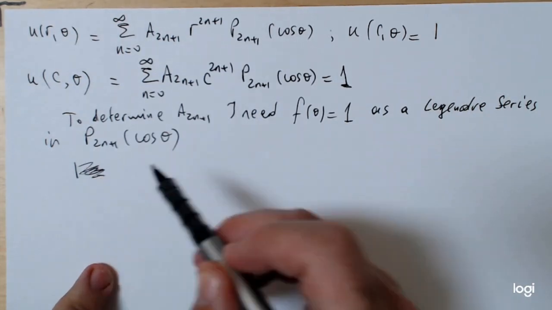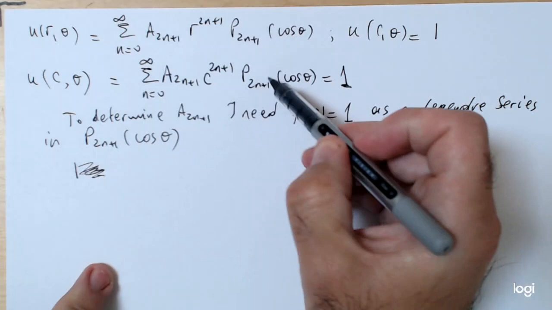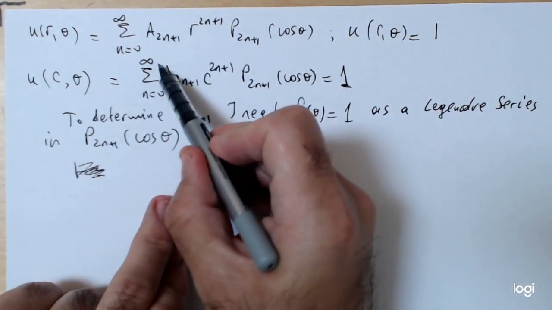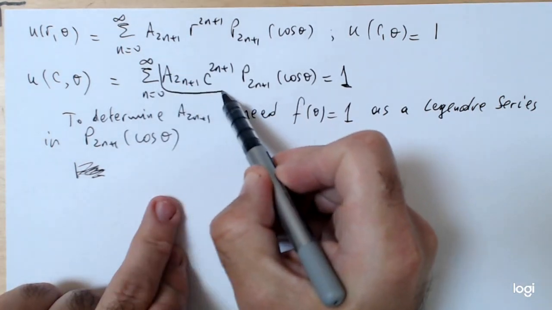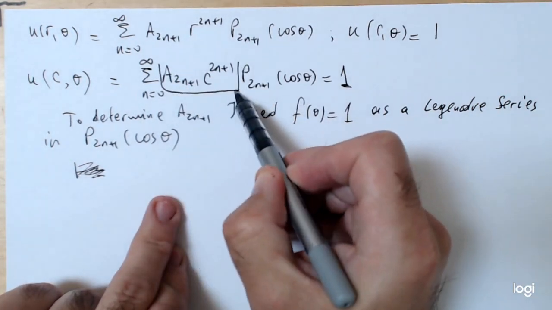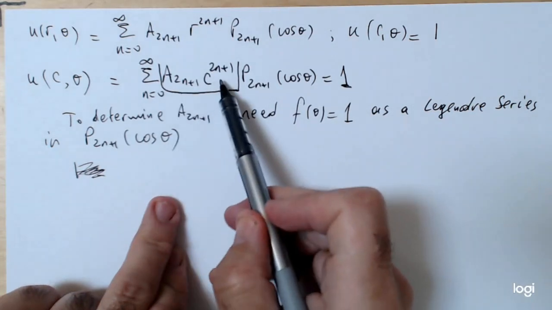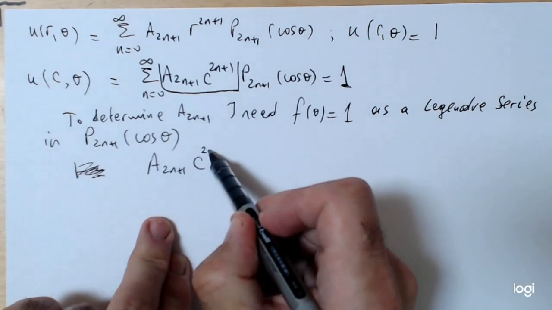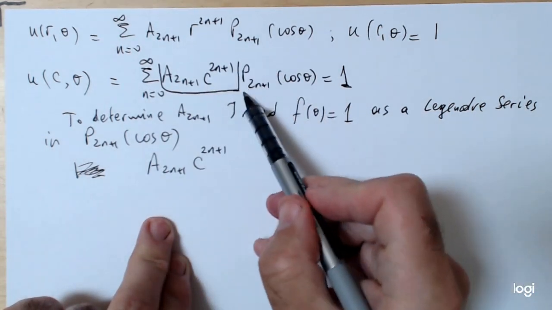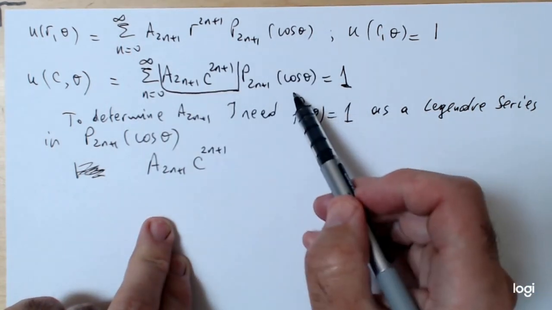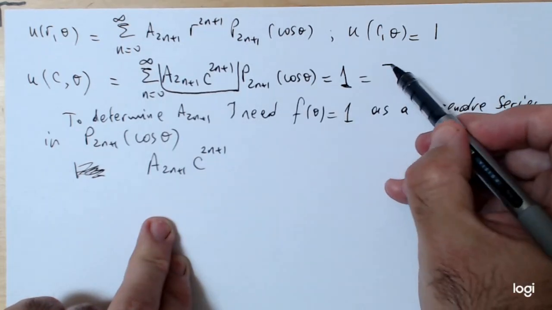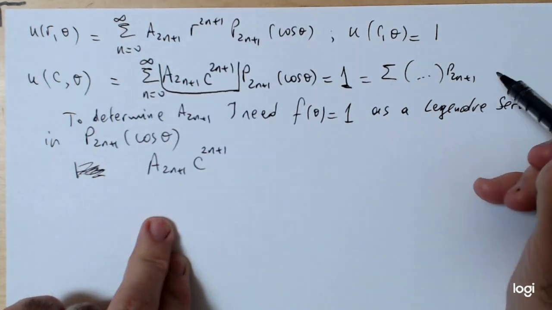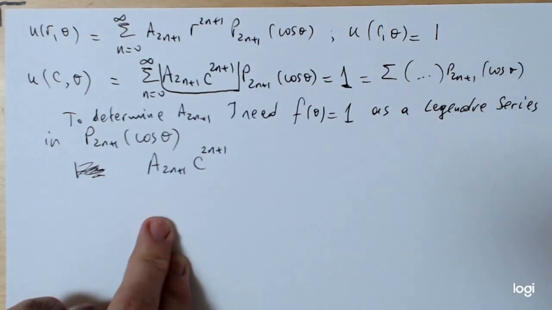So this coefficient, it's not just a sub 2n plus 1. That's another thing to keep in mind. The coefficient of the odd polynomial is together with c to the power 2n plus 1. So a sub 2n plus 1 times c to the power 2n plus 1, which will be the coefficient of P sub 2n plus 1 of cosine of theta, needs to be matched with whatever is the coefficient of 1 when you write it in terms of the Legendre series.